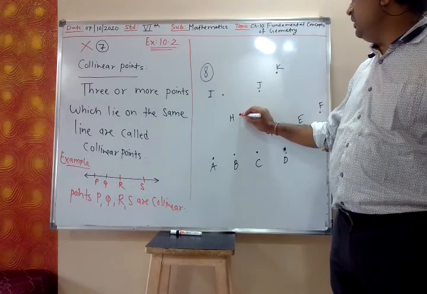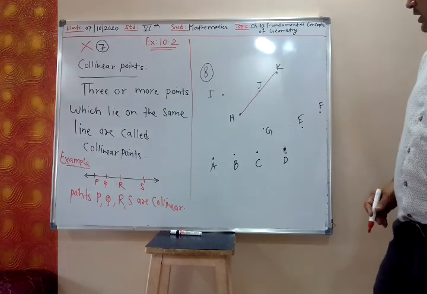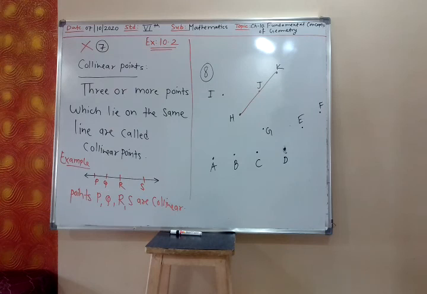Collinear point means they are in one line. So these 3 points I can join. For example, I have drawn a line on which I have taken the points PQRS. PQRS are the points on that line. So points PQRS lie on one single line.